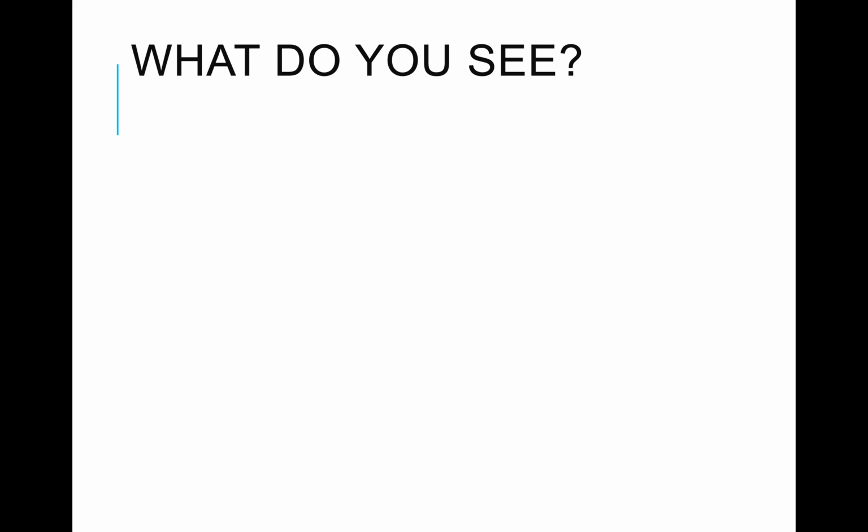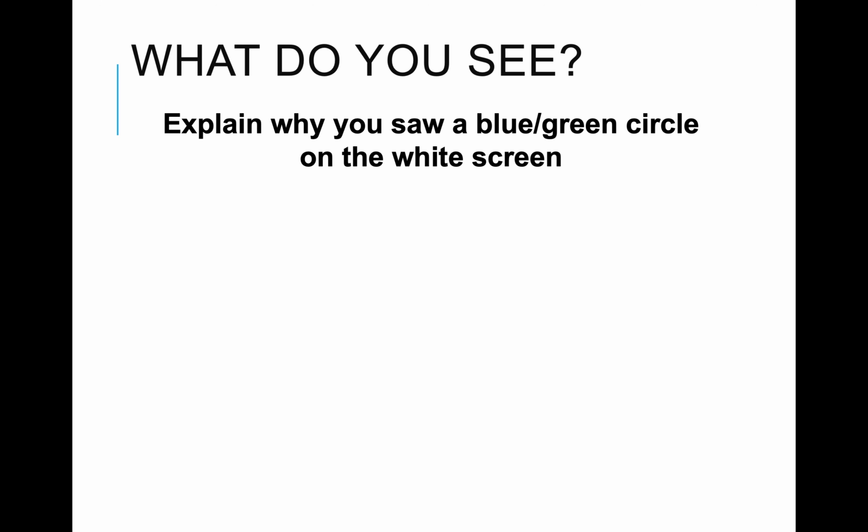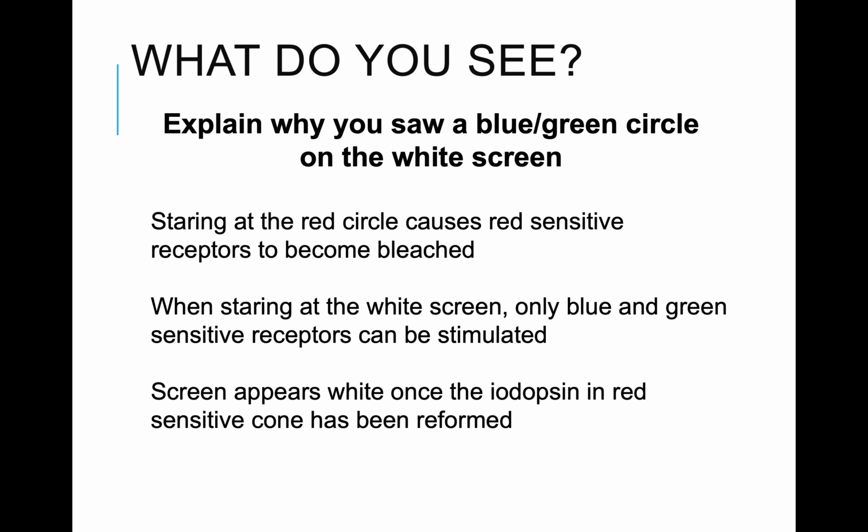So what did you see? Hopefully you should have seen a blue-green or a cyan circle on the white screen. Now can you explain why? Well, staring at the red circle causes the red sensitive receptors to become bleached.